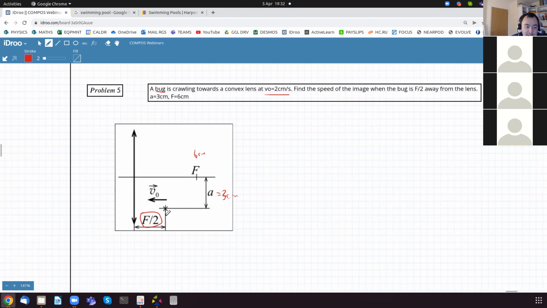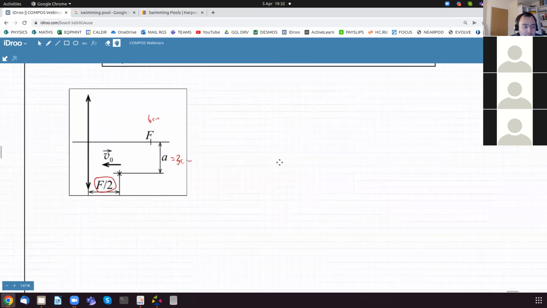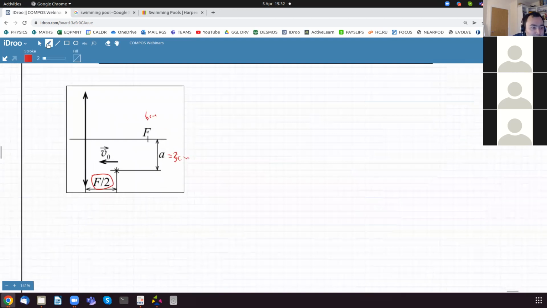Well, there are different ways. One way to do it would be to say, let's say the bug moves a tiny distance x, and then you find the initial position of the image and then the final position of the image.